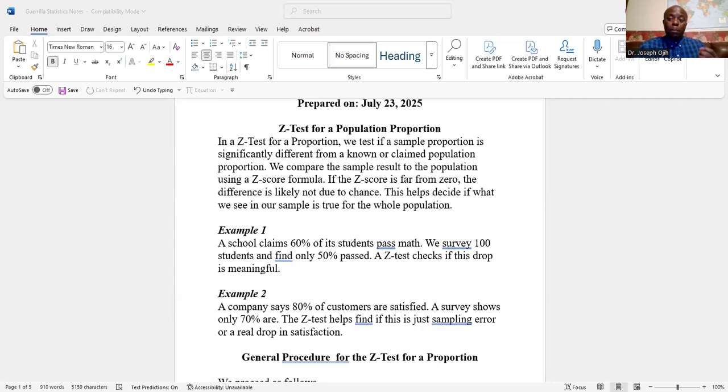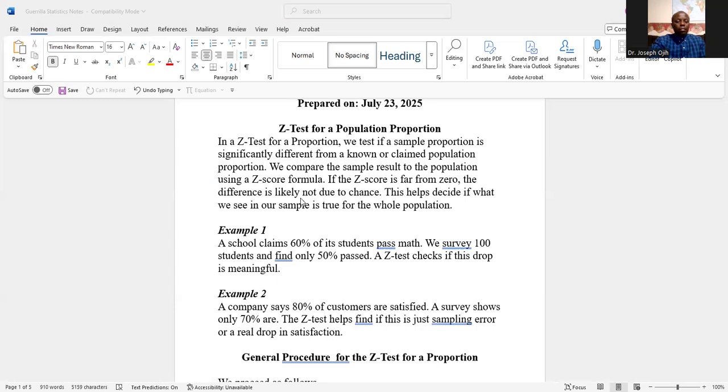for a population proportion. Now, in the z-test for proportion, what we do is to test if a sample proportion is significantly different from a known or a claimed population parameter, which in this case is a proportion.